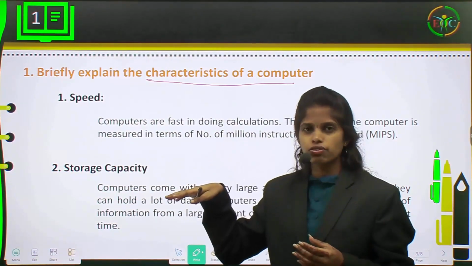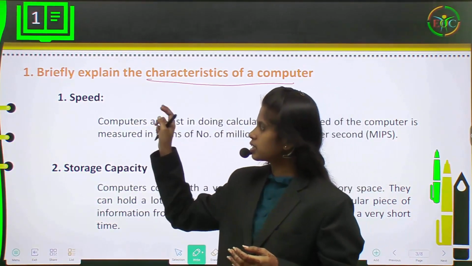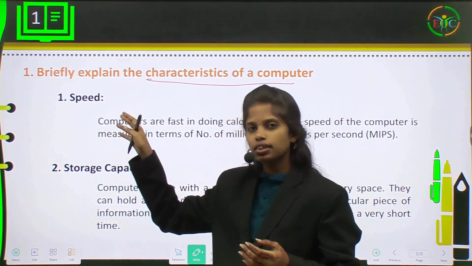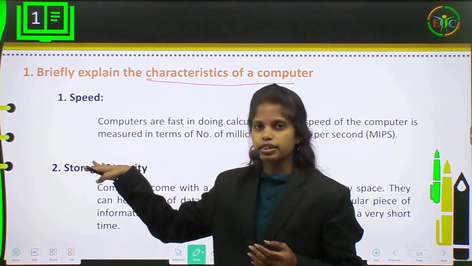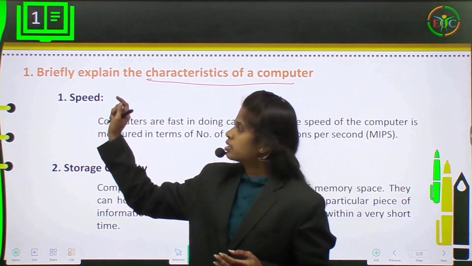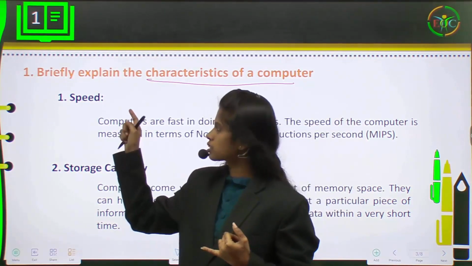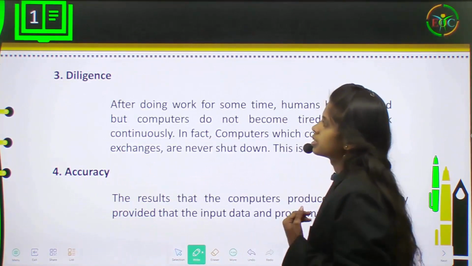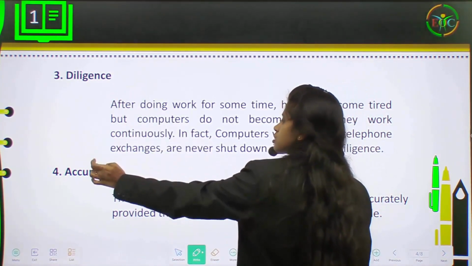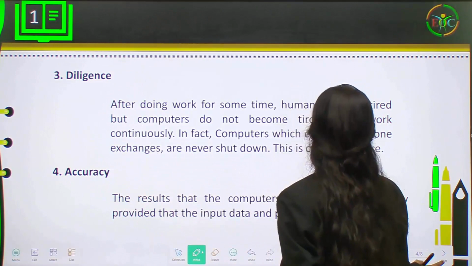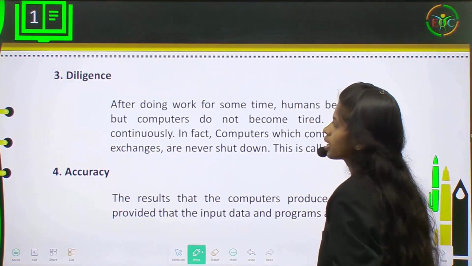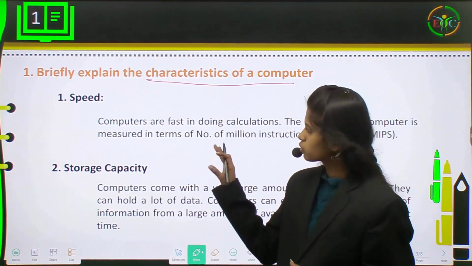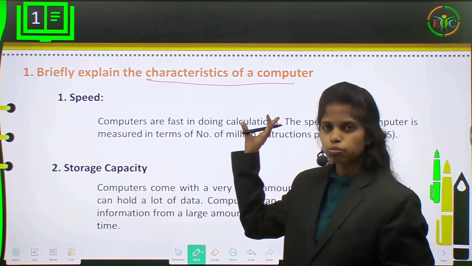This is one way of writing, or else you can directly write the characteristics along with the explanation. Here the characteristics include speed, storage capacity, diligence, and accuracy. These 4 are the characteristics that you should explain for the computer.